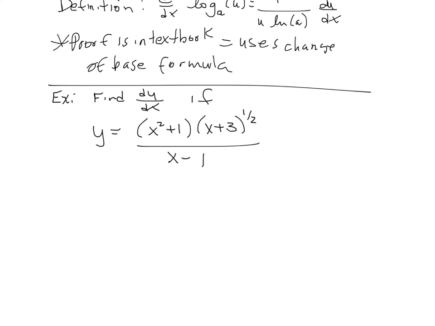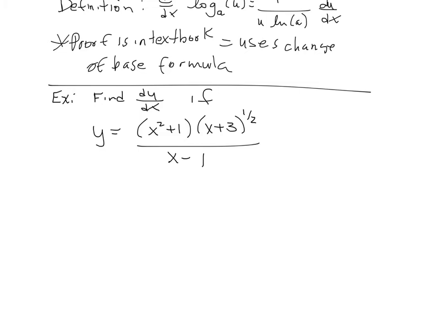Before this class today, most of you would look at that and say, oh my God, that's a quotient rule, that's a product rule, that's a chain rule. And it would be a pretty long and drawn out problem. But you know that we work in the world of magic math, and you can do anything you want. You've learned in algebra if you do it to every single term.